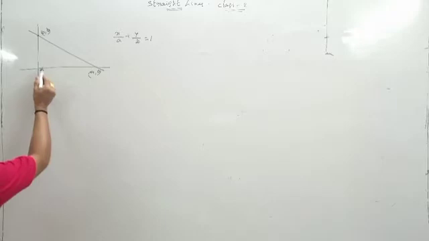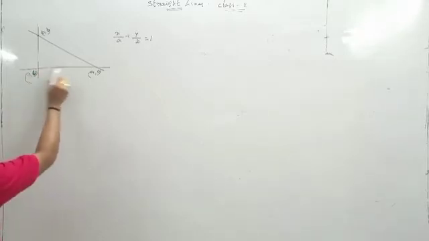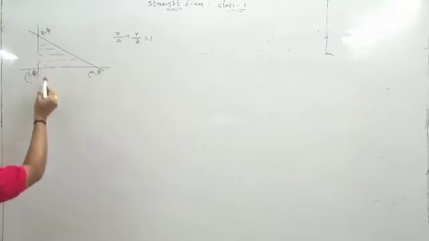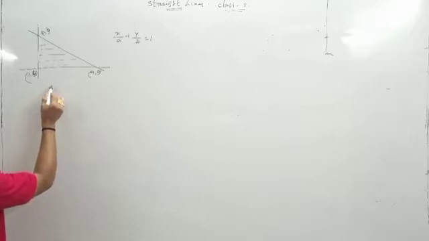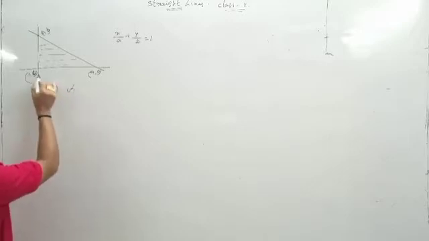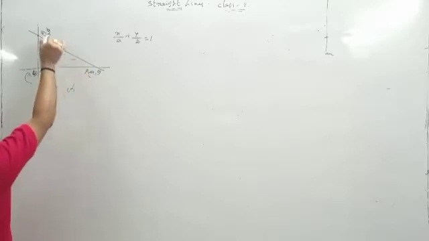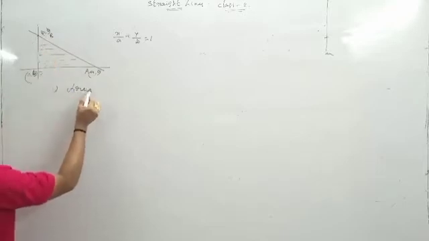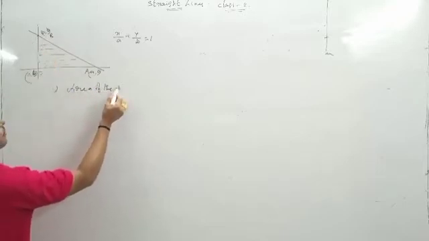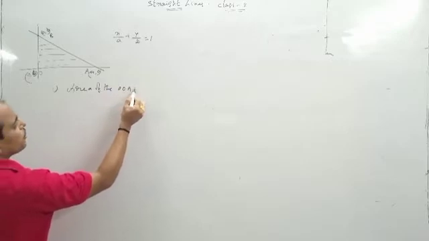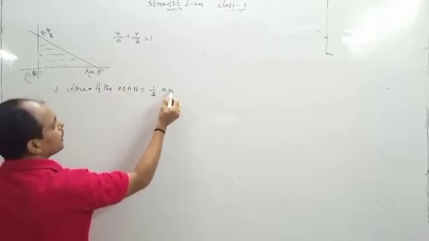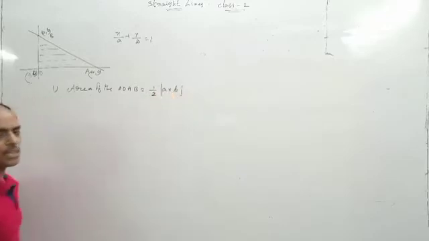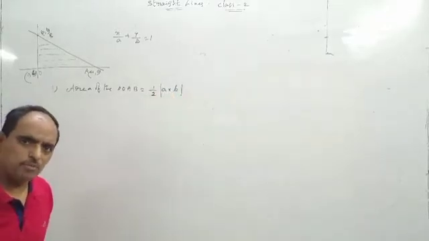Next, what about the area of this triangle? This is (0, 0). You see, this is a right angle triangle. Next point is the area of triangle OAB, which is equal to half of a into b modulus, because area is always positive, we have to write modulus.